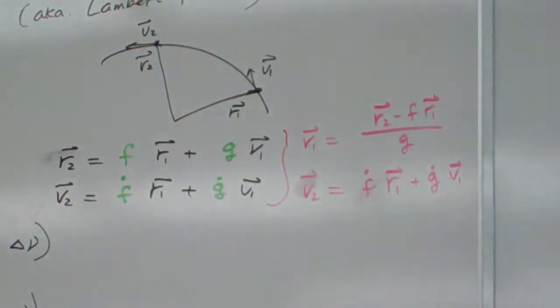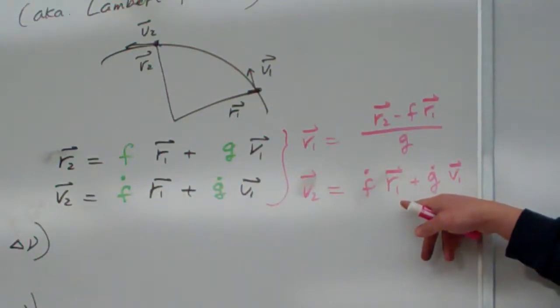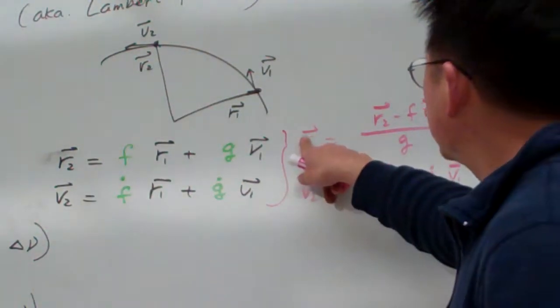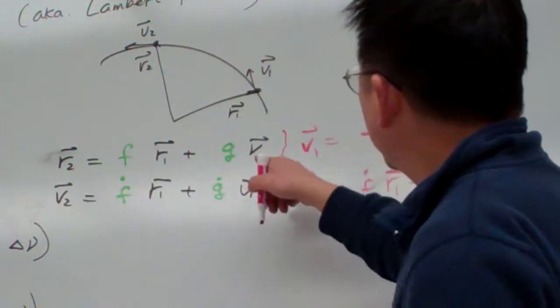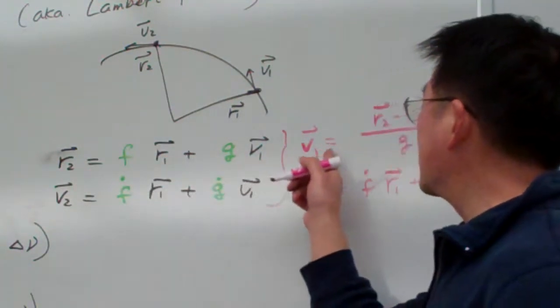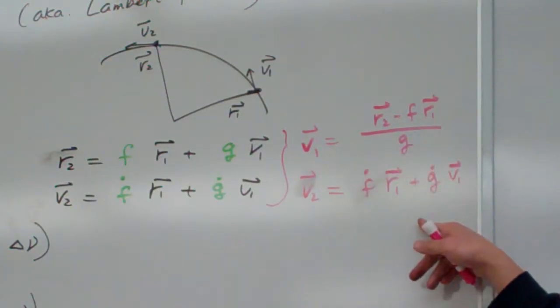So basically this is our destination, the goal we want to achieve: we can determine V1 and V2. To get this V1, you simply move this term to that side, divided by g. So we will determine V1, V2 through the two expressions.